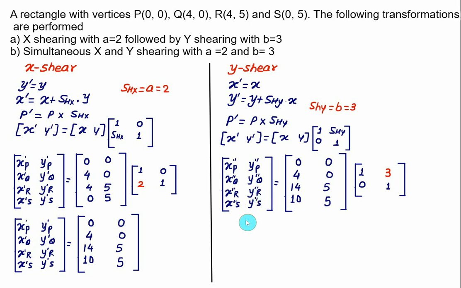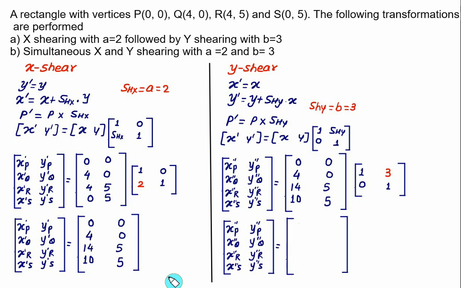What is the coordinates of p q r s? So we have 0 into 1 is 0, 0 into 0 is 0.